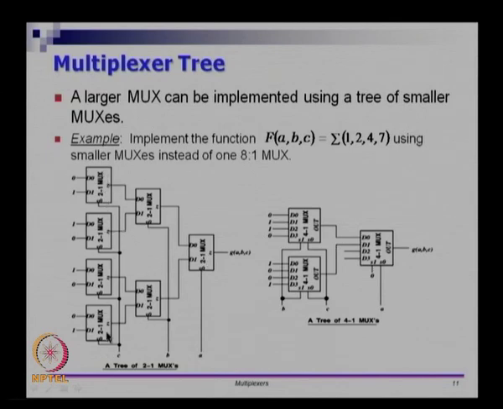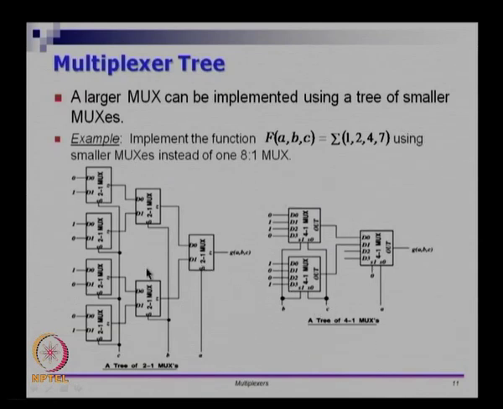There are 4 2:1 muxes followed by 2 2:1 muxes followed by 1 2:1 mux, and we stick the truth table as we had for the previous case, but now these are all smaller multiplexers rather than one huge monolithic 8:1 multiplexer. Similarly, we have 3 4:1 multiplexers as opposed to one huge 8:1 multiplexer.